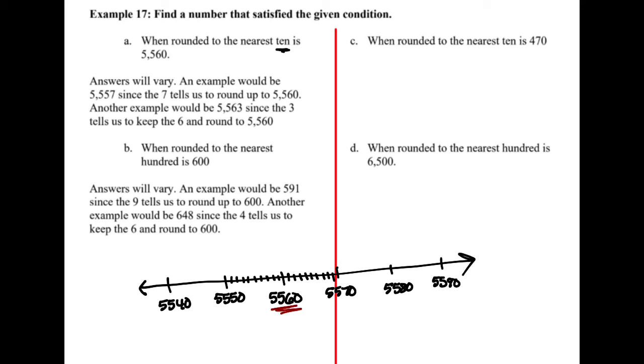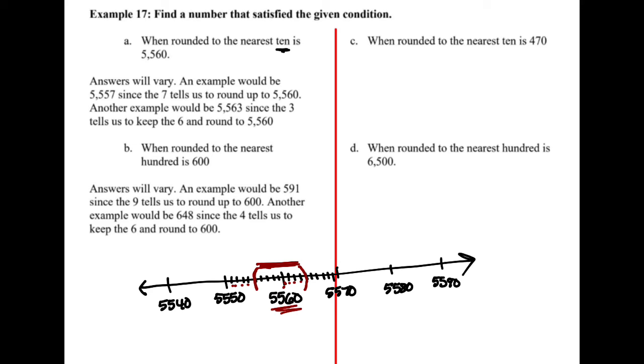So there's 1, 2, 3, 4, 5, and up here there's 0, 1, 2, 3, 4. So everything in here is going to round to 5,560. Stuff out on this side will round up to 5,570. Stuff here will round to 5,550. So we just need to choose a number that's in this section.